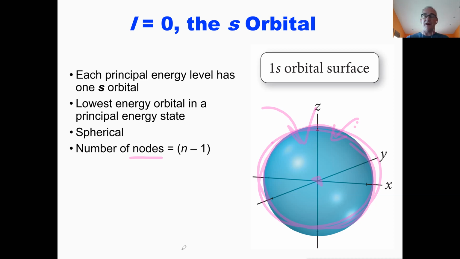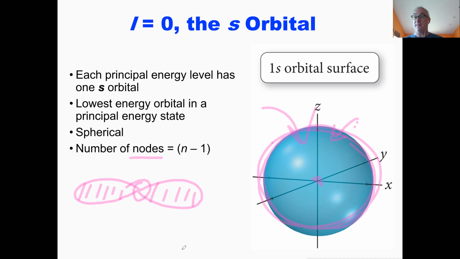So a node is where there's no probability of finding it. So we'll see that when we have a p subshell with this shape, there's probability here, and there's probability here, and there's no probability in the middle. That's where the nucleus is. So there's no probability of finding an electron in the p subshell near the nucleus. It's going to be away from the nucleus.